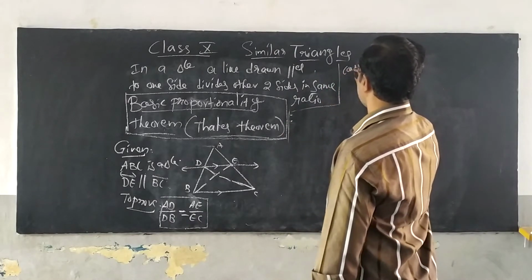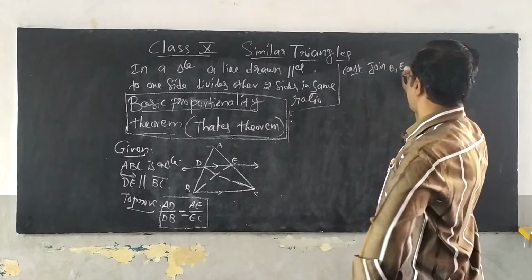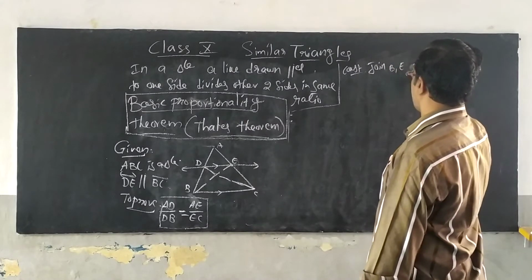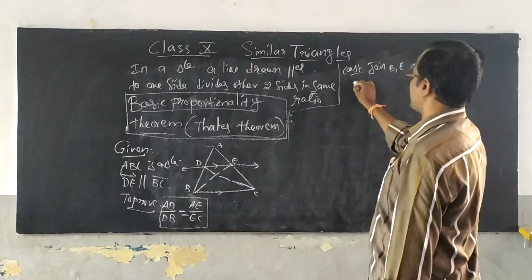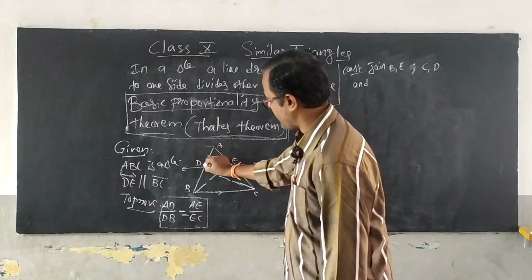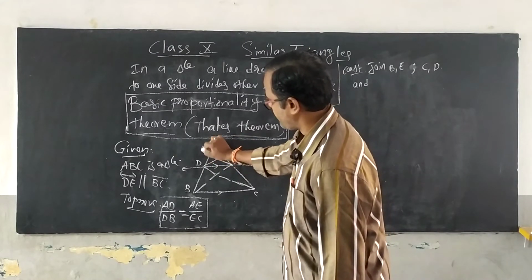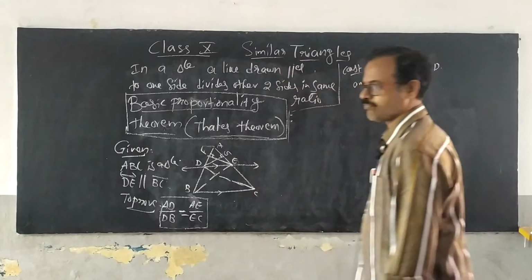So construction: join B, E; C, D, and I draw perpendiculars from E and also from D. Let these be EF and DG.